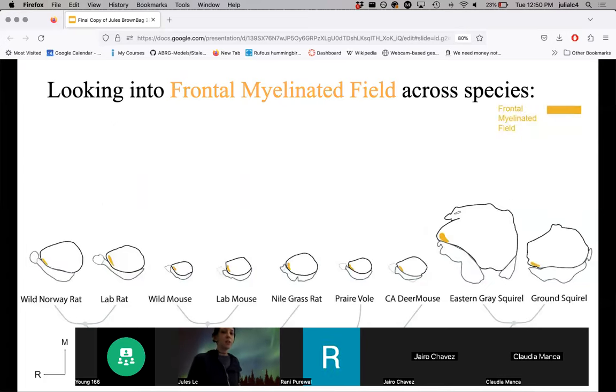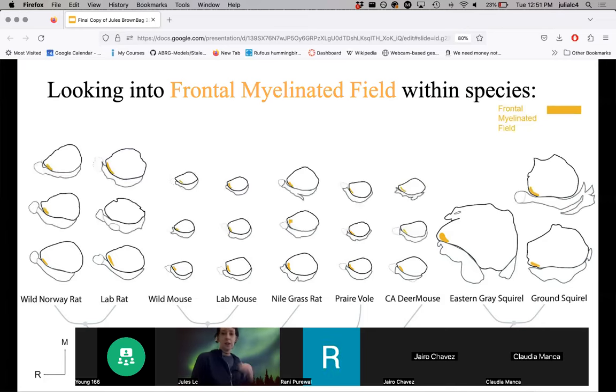And if we do this for other regions, it becomes interesting. For example, this is the frontal myelinated field in orange here. It's a darker staining region in the front of the cortex, and we see it consistently across all species.